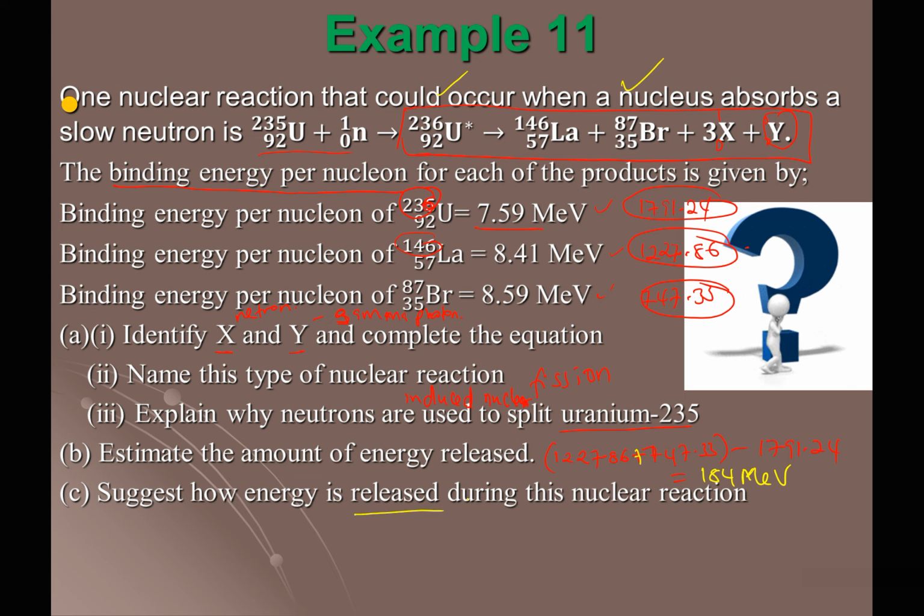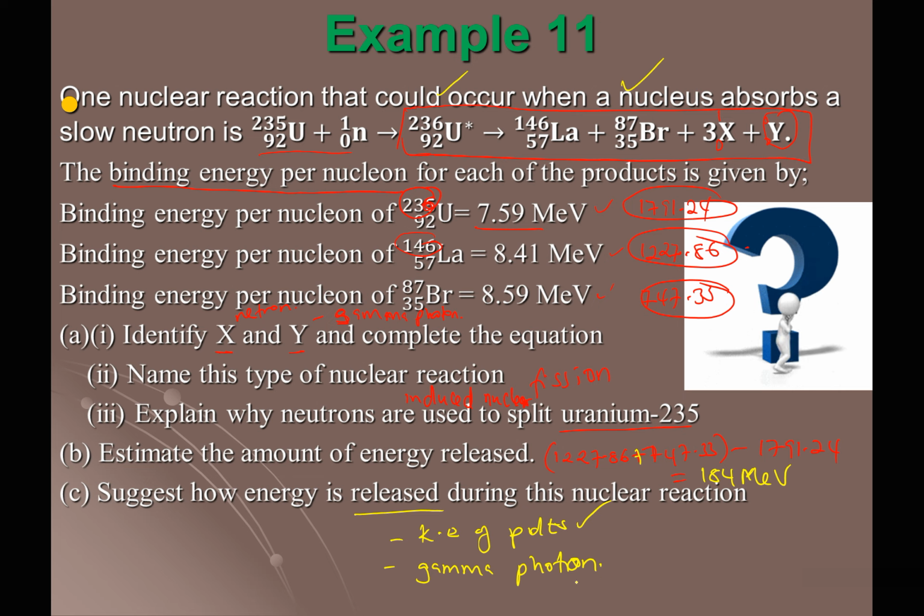Remember I said energy is released in two forms. Energy is given as kinetic energy of the products. So there will be kinetic energy of La nucleus and Br nucleus. And energy is also emitted as gamma photon. So energy is given out as kinetic energy of the products, that is, it appears as kinetic energy of La and Br, and energy can be emitted as gamma ray photon.